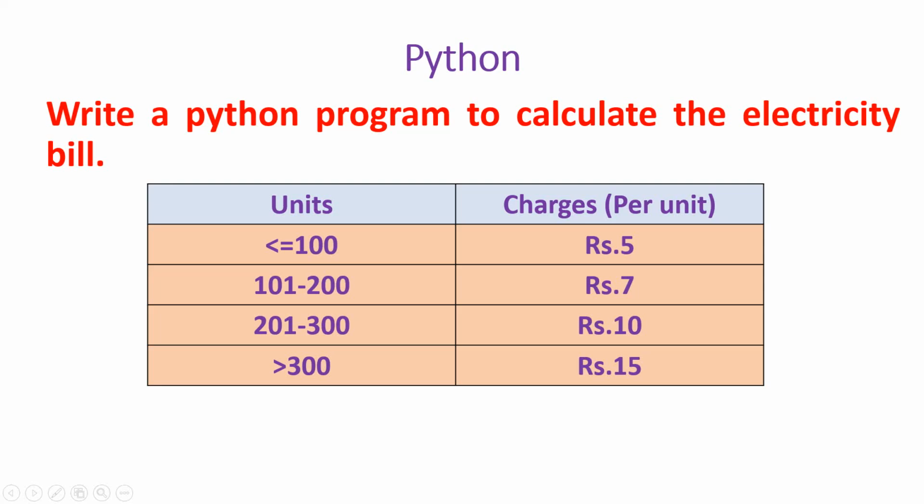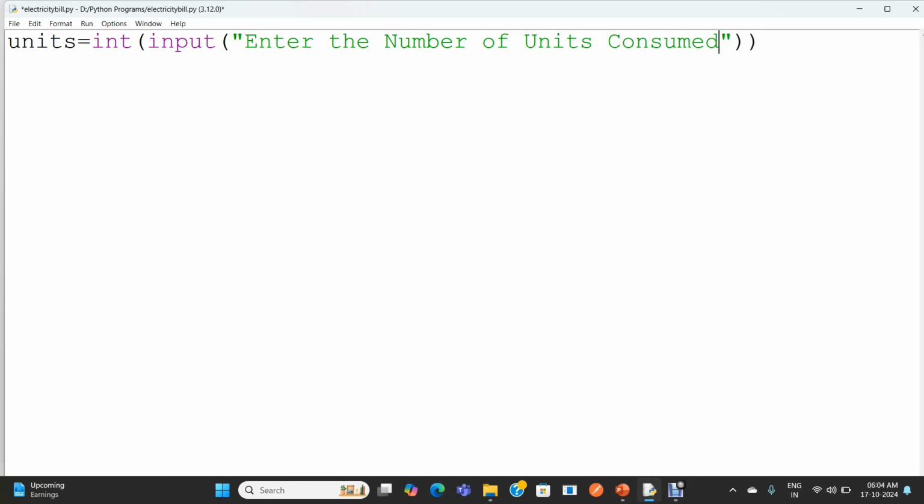For this we are going to write a Python program. I am going to store the number of units consumed in the variable units equal to int of input of a message, "Enter the number of units consumed".